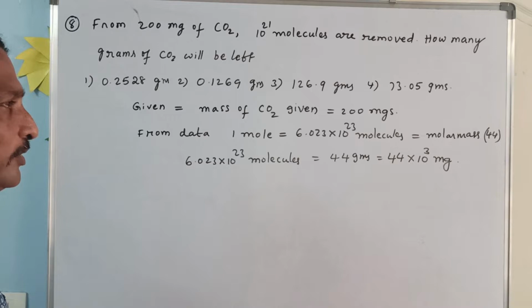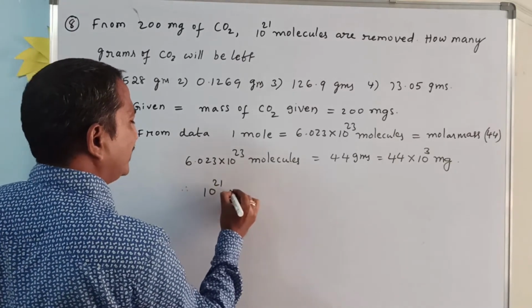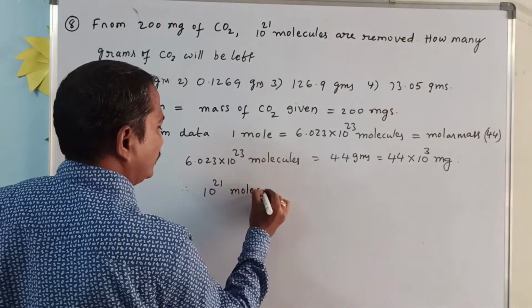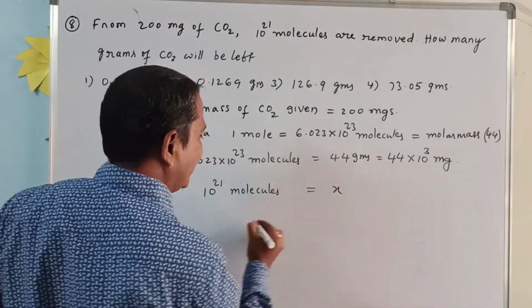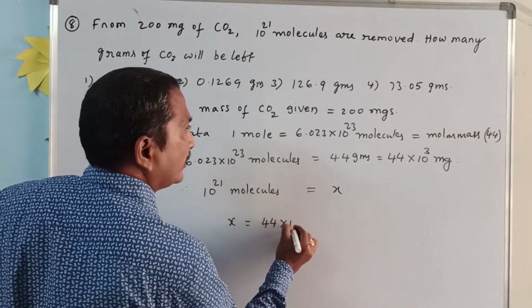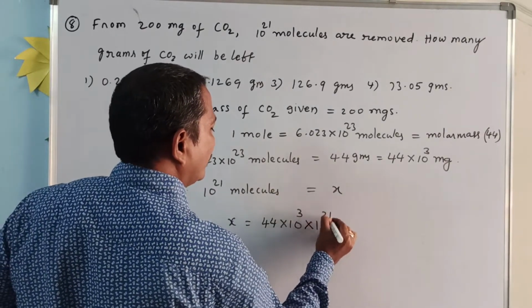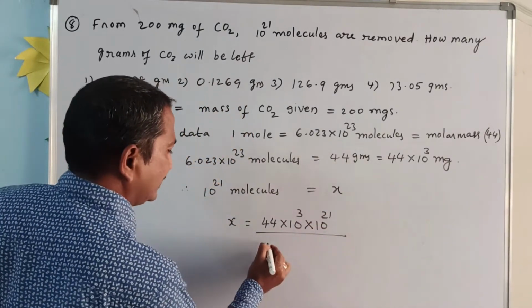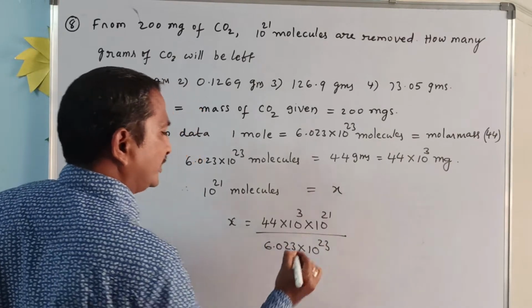Therefore, 10 power 21 molecules is equal to how much? Let it be X. Therefore, X is equal to 44 into 10 power 3, into 10 power 21, by 6.023 into 10 power 23.